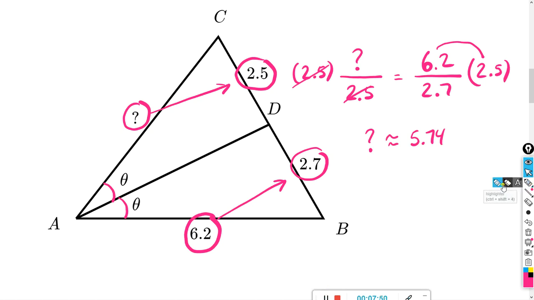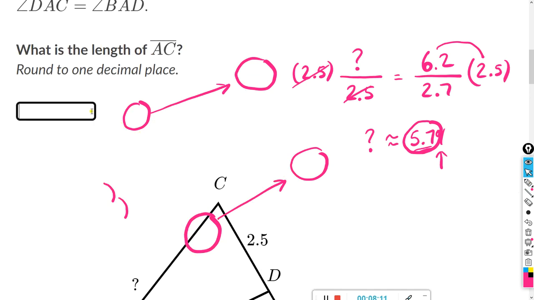And I got approximately 5.74. And we look at the second decimal. If it's less than 5, we round it down. So we're just going to keep this as 5.7. We just don't need the 4. And you enter that in the box. Click inside and type 5.7.